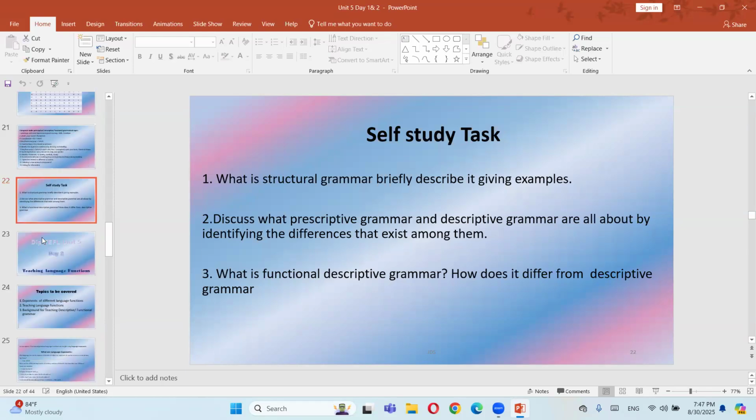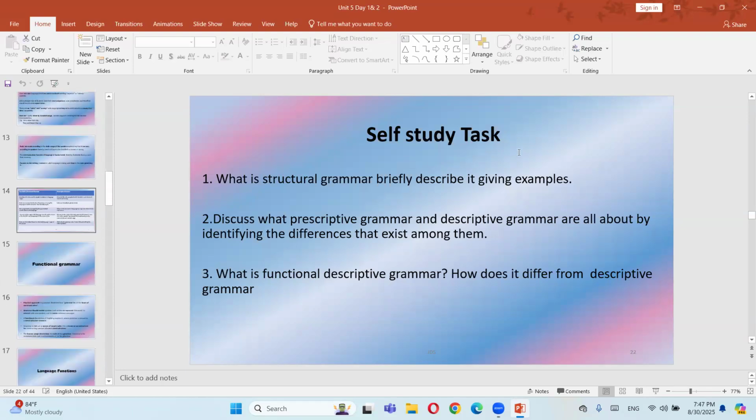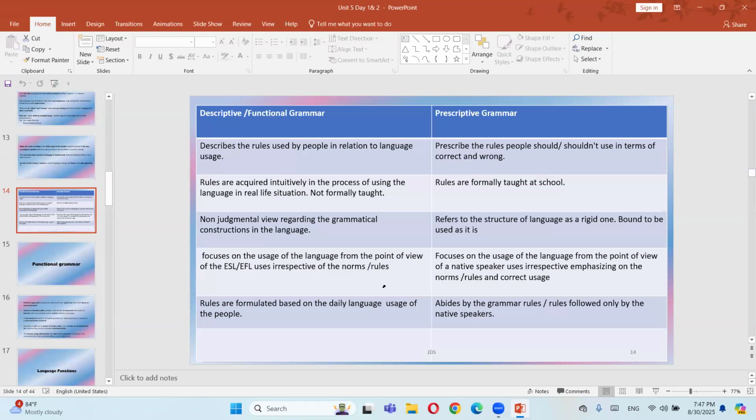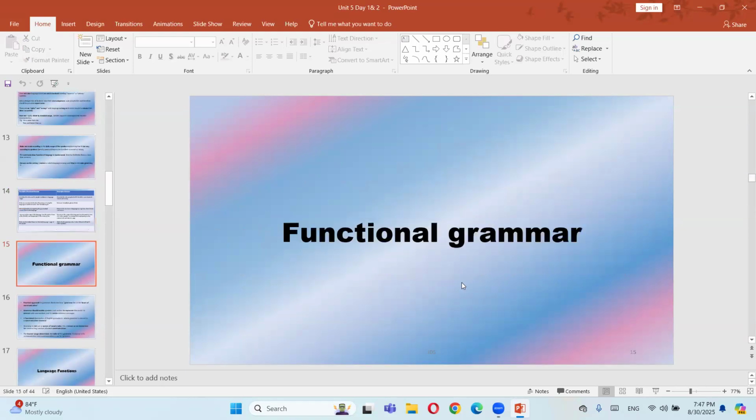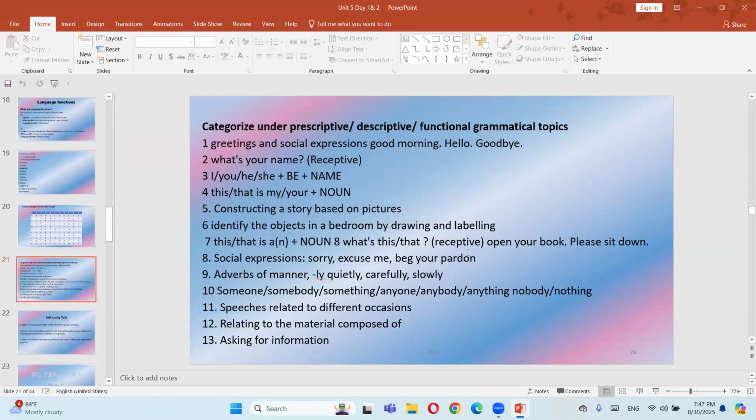The differences are already given there. Make use of this slide, and don't write out this grid, but convert it into a paragraph and highlight three differences between descriptive and prescriptive grammar.